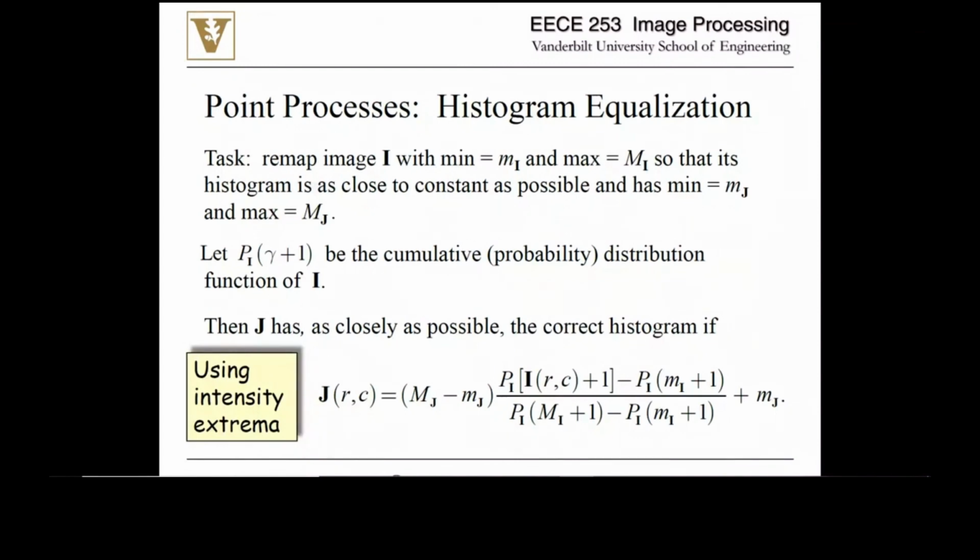Now we may combine different transformations. So, for instance, histogram equalization is defined as the following. You apply to each one of the input image pixels this transformation pi, where p is the cumulative distribution function. Every pixel goes through pi, and the minimum and maximum values also go through pi.